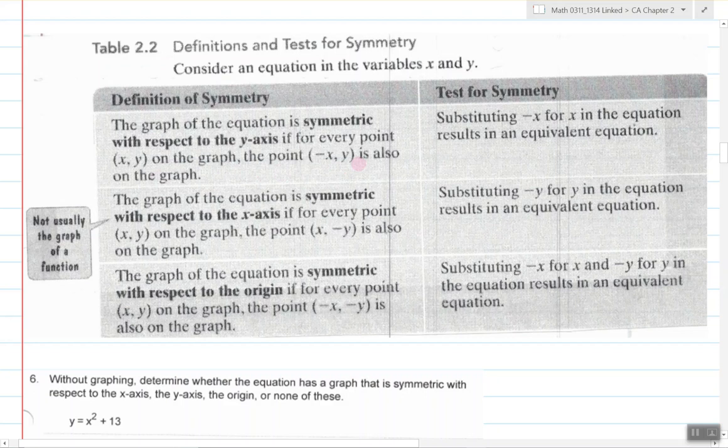Now what that means is if you have a graph and it looks like this, if you have a point over here, you will have a matching point equidistant on the other side of the y-axis. So in other words, if this is the point 2, 3, if it has y-axis symmetry, then it will also have the point -2, 3.